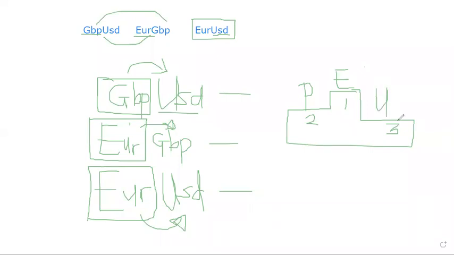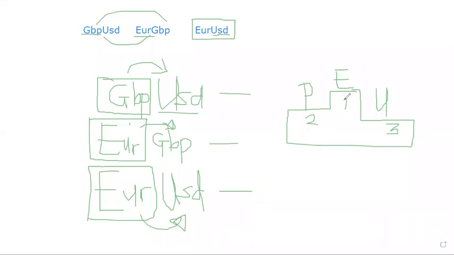So imagine that these three just finished an Olympic race where euro was first, pound was second, dollar was third. It means that if you now asked the first position, euro, to race against the third position, dollar, the gap between the two of them is going to be higher than the gap between pounds and dollar.